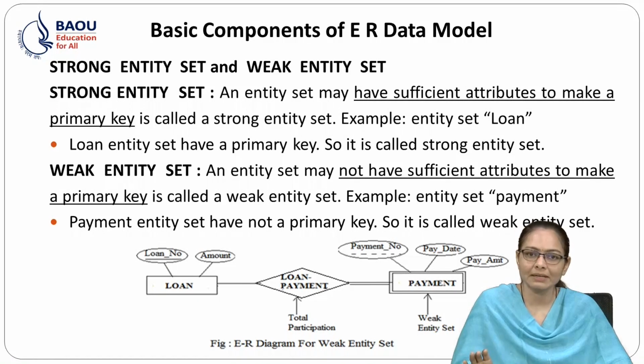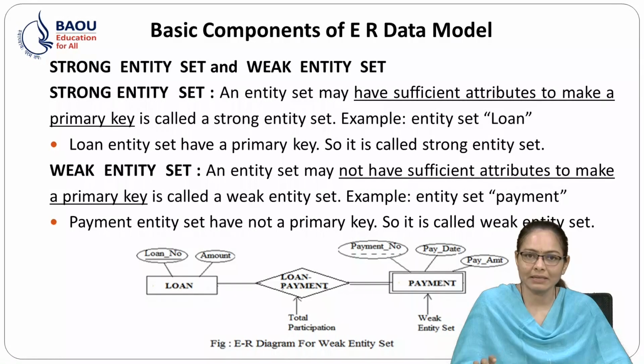The discriminator is a set of attributes that, combined with the primary key of the strong entity set, forms the primary key of the weak entity set. The discriminator is also called a partial key. The weak entity set is existence dependent on a strong entity set.